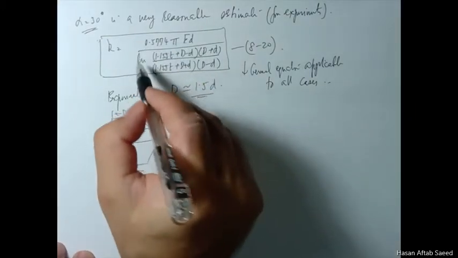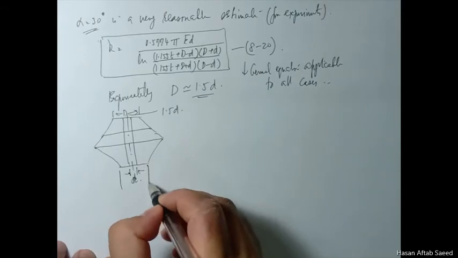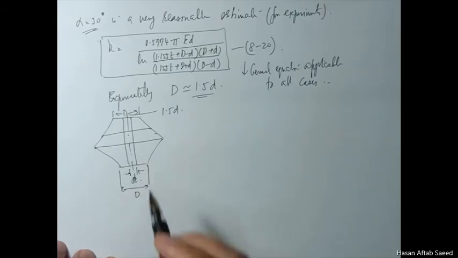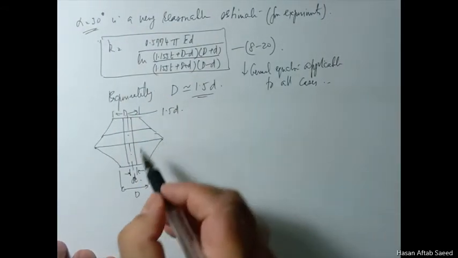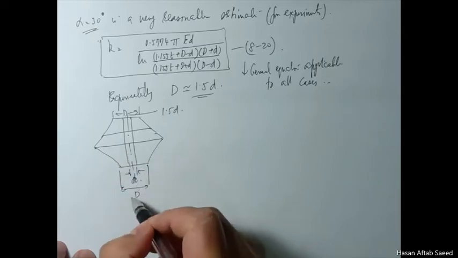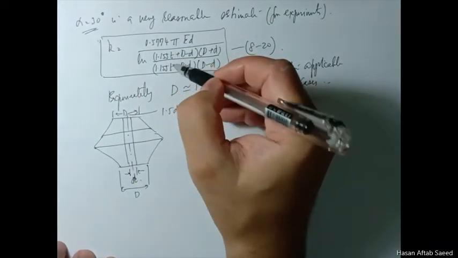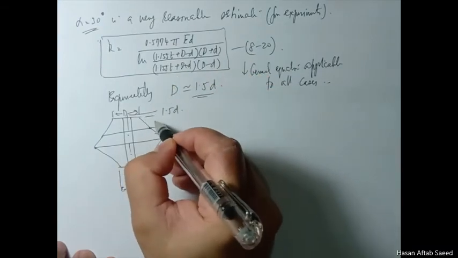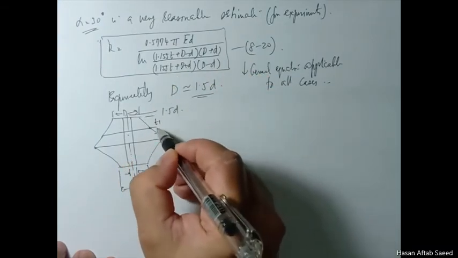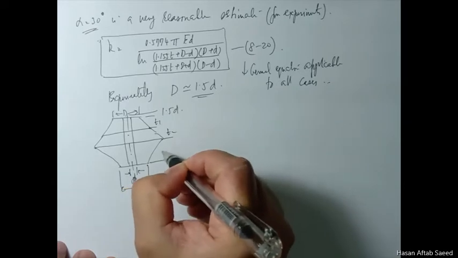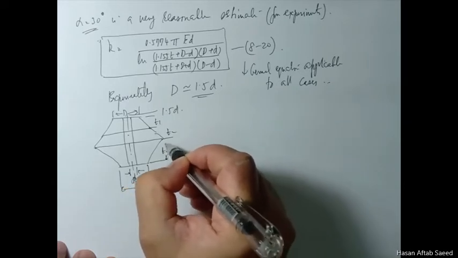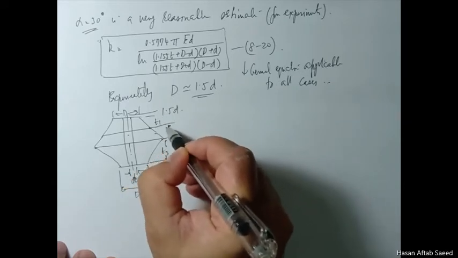The same D will be used if you consider this frustum. Again, the first and third have the same D. Obviously thicknesses will be different. This has thickness t1, this will have thickness t2, this will have thickness t3. Obviously these will be different.